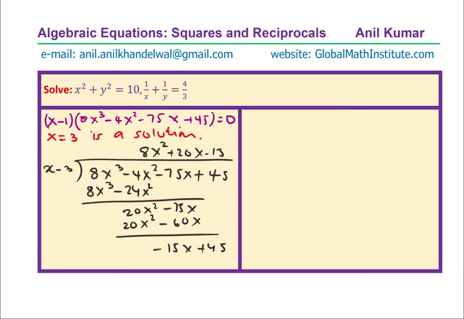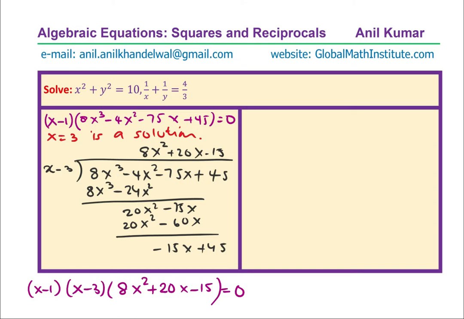So we get the next factor, which is 8x squared plus 20x minus 15. And therefore, you can now write this equation as x minus 1 times x minus 3 times 8x squared plus 20x minus 15. You get the idea, equals 0. So the last part is the quadratic equation.